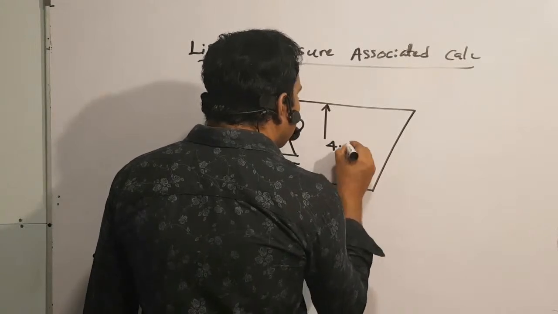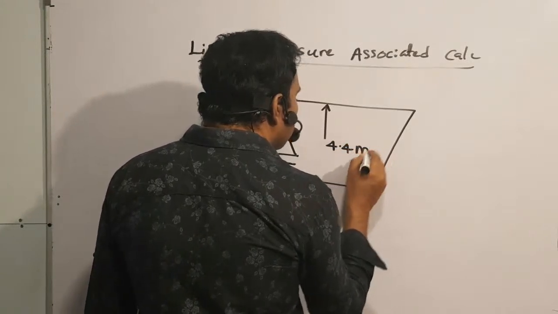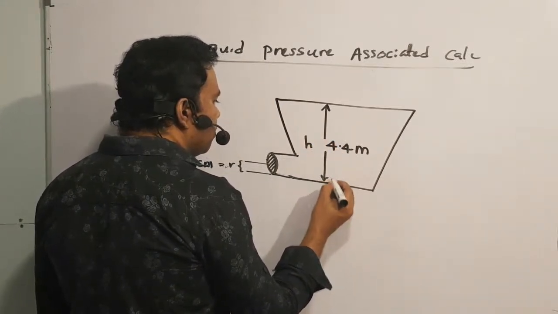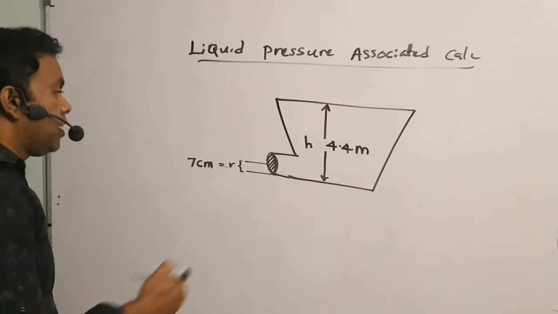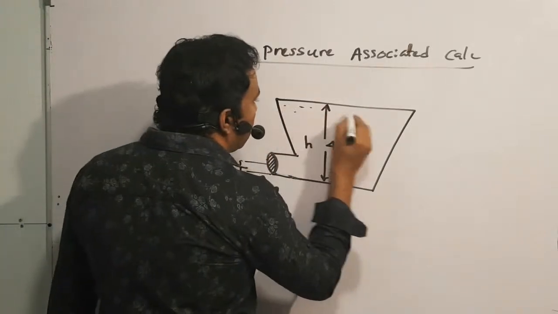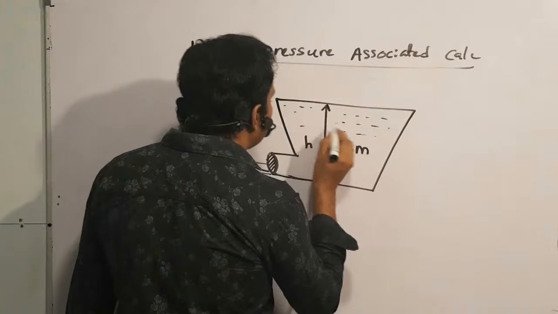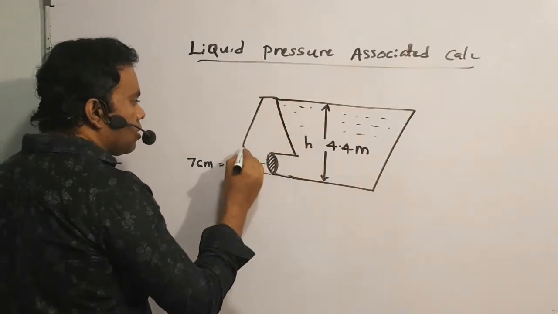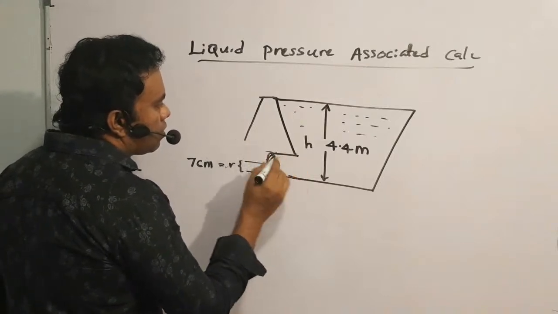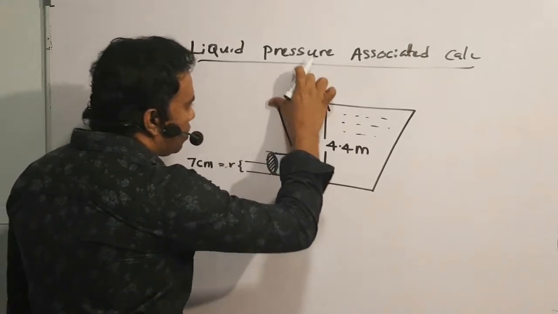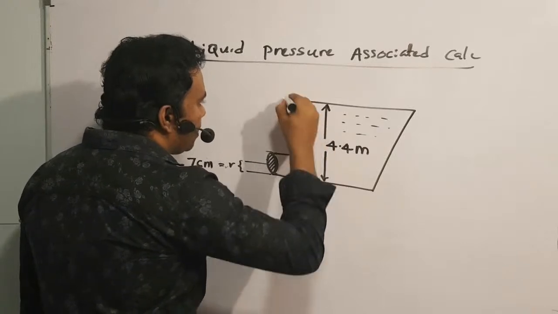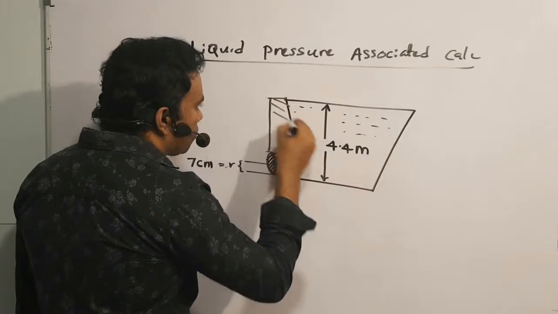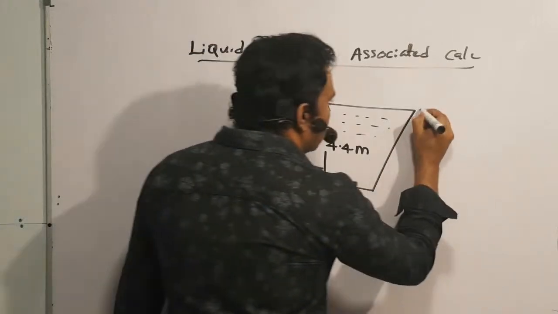Water exists up to 4.4 meters height. So that's the height of the water column of this tank. This is the cross section of the dam.